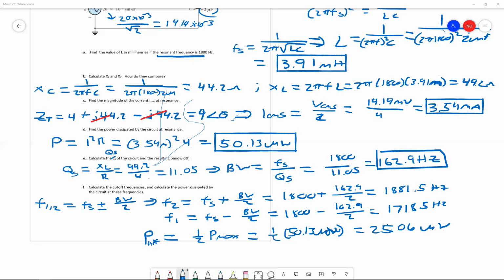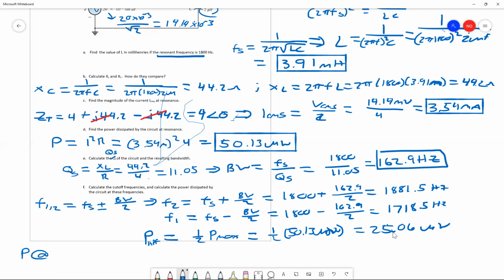And this right here is actually a conceptual question. I know it seems like, oh, well, I just plug those values in. But what you're going to end up finding is that the power at both F1 and F2 is equal to 1/2 of the maximum power. So this is a conceptual thing. Power at F1, oh, sorry, that is super rough handwriting.